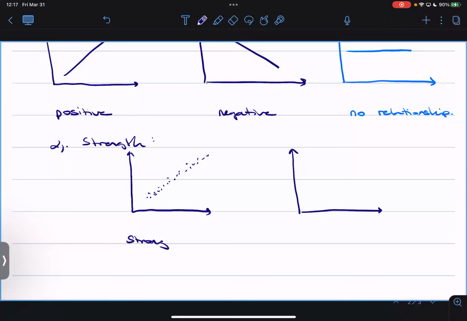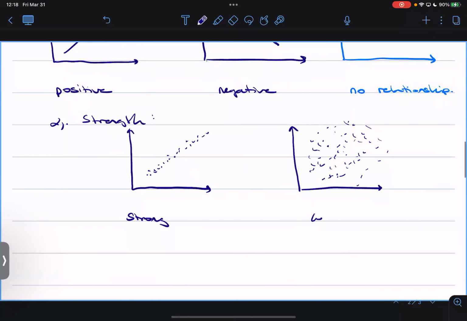When I'm freehanding relationships, they're always positive. Be on the sunny side of the street type of deal. Something like, there. Here we have a weak relationship.